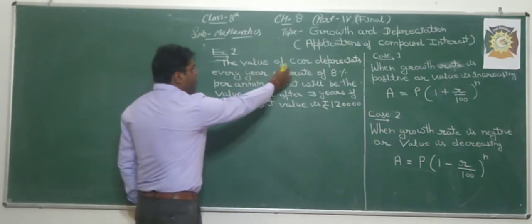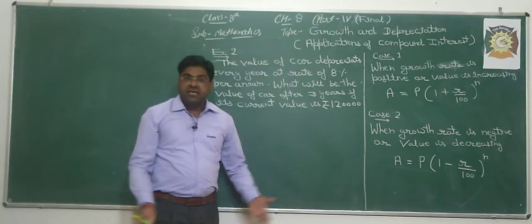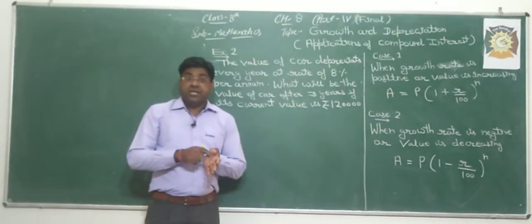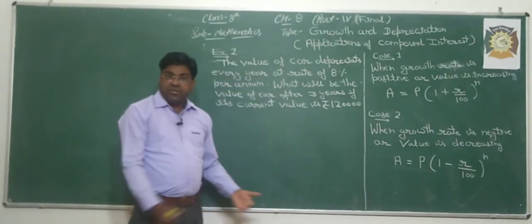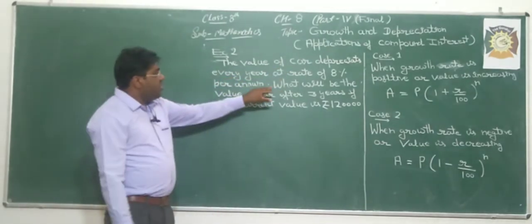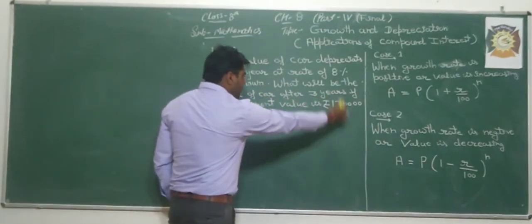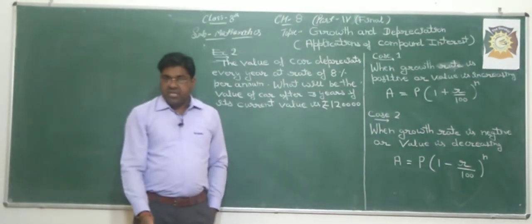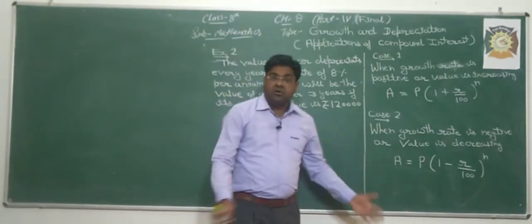The value of a car depreciates. Depreciates means decrease. Now the value is decreasing every year at the rate of 8% per annum. Then what will be the value of the car after 3 years if its present value is 1,20,000?